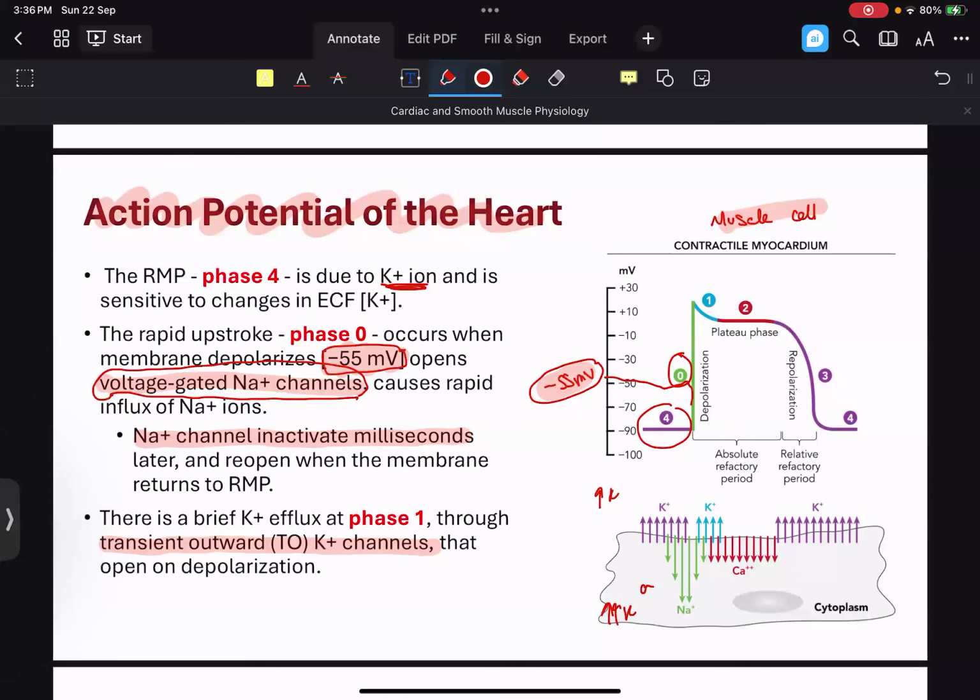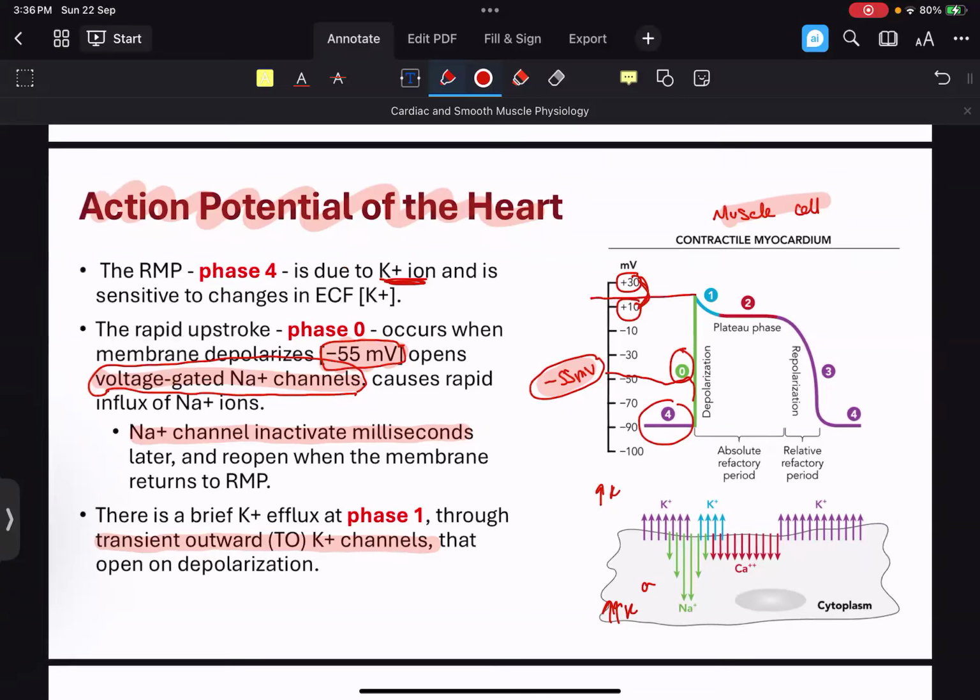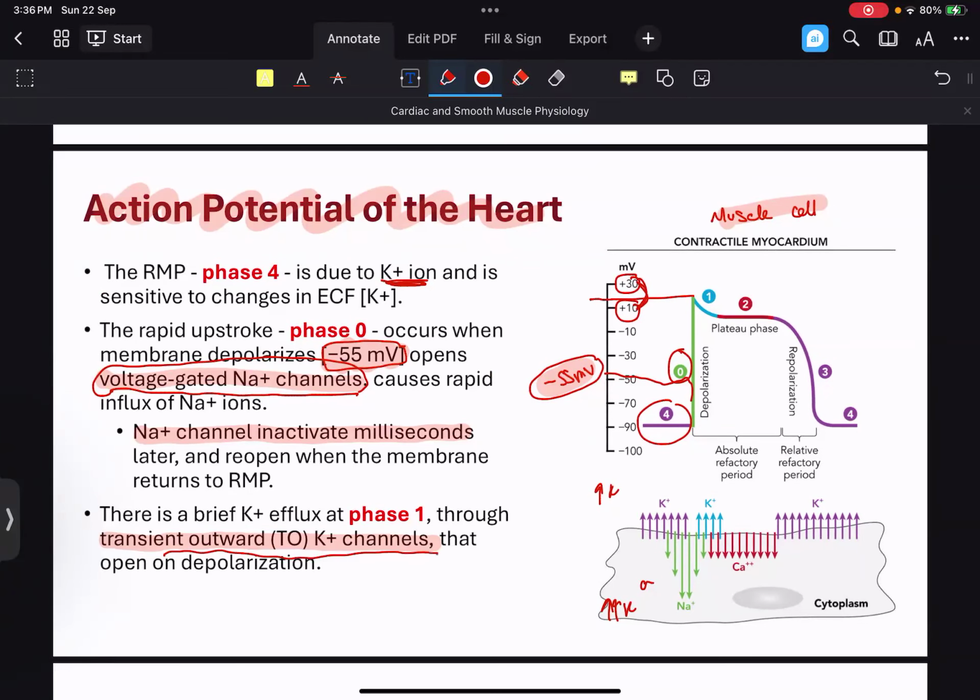And then once you reach between 10 to 30 millivolts, your transient outward potassium channels are going to open, and that's going to cause potassium to leave the cell. Why does potassium leave the cell? Because the concentration of potassium inside the cell is much higher than the concentration of potassium outside the cell. And your ions will always diffuse from an area of high concentration to an area of low concentration. So I hope that explained it.